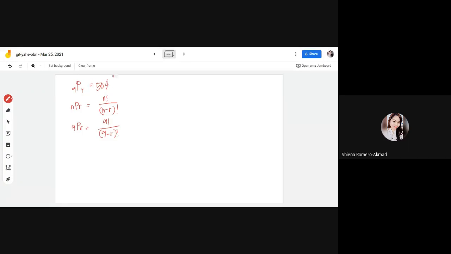Since they are equal to 504, ito na lang yung kunin natin para ma-solve yung unknown. So we have 9 factorial divided by 9 minus r factorial equals 504. Tapos, pwede na natin siya i-multiply both sides by 9 minus r factorial.